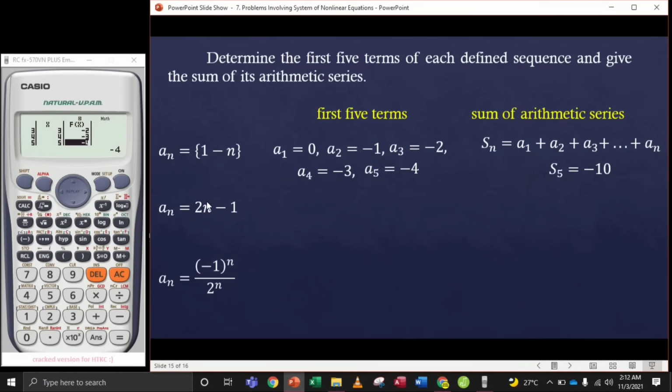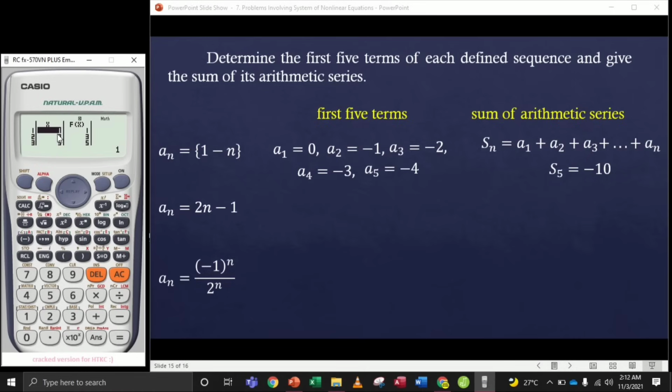Next, kunin natin itong equation na to. Para bumalik kay class, pindutin nyo lang yung AC. And then, burahin nyo lang yan. Then, click nyo na lang ulit. Okay, so type 2, tapos alpha x minus 1. Then shift, then calc. Then equals.